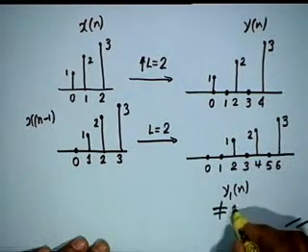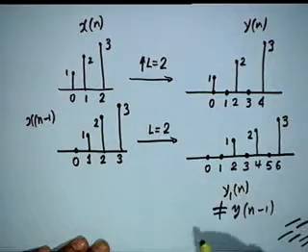This is not equal to y of n minus 1, and therefore it is a time varying system. So, waveform preservation is necessary, but not a sufficient condition for time invariance. Is the point clear? Not only waveform preservation, but the delay must be the same as the delay of the input, otherwise it is a time varying system. Is this okay? All right.